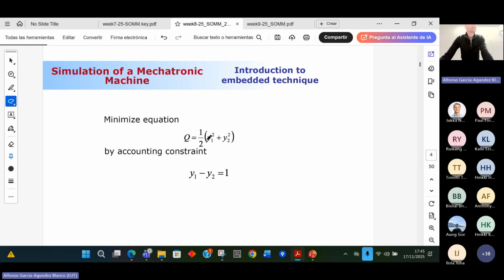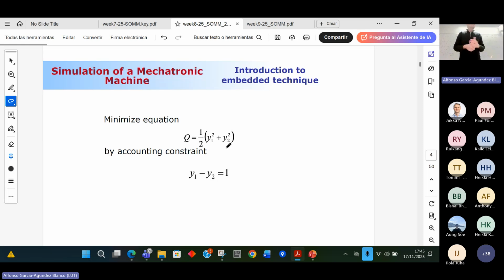And the idea, this is the basic math that you need to know, okay, is imagine that you have this Q function which is an expression that depends on y1 and y2. So the generalized coordinates are going to be y1, y2. And you have a constraint that is y1 minus y2 equal to 1.